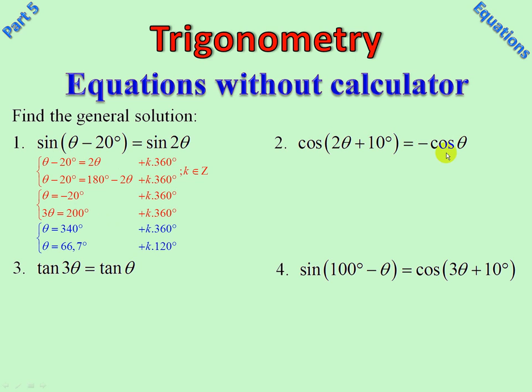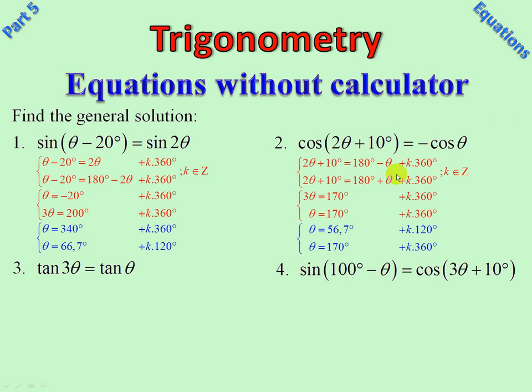Cos equals cos, but hang on, that's negative cos. So we'd say, where is cos negative? Second and third quadrants. So therefore we're going to have 2 theta plus 10, 180 minus the theta for second, 180 plus the theta for the third. Now we can solve both of these for theta. 3 theta, 10 goes across minus 170.